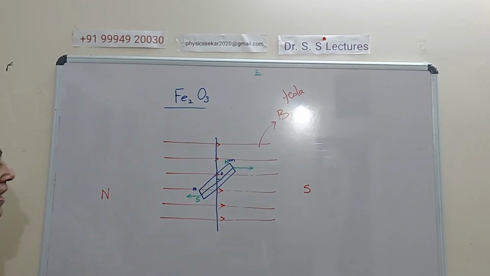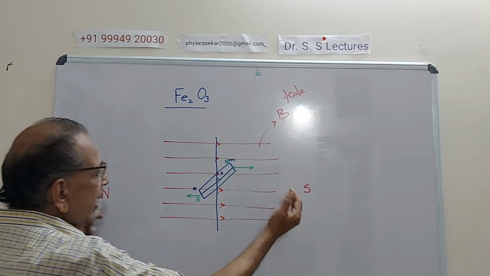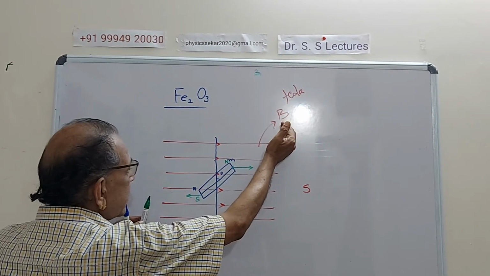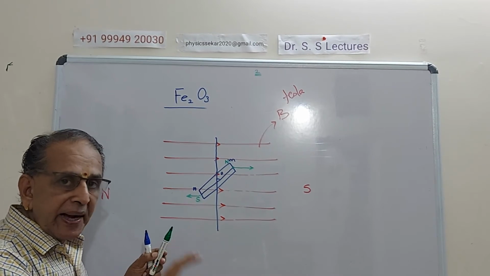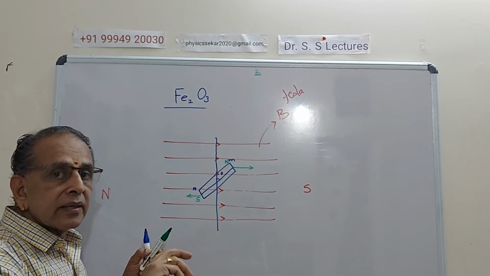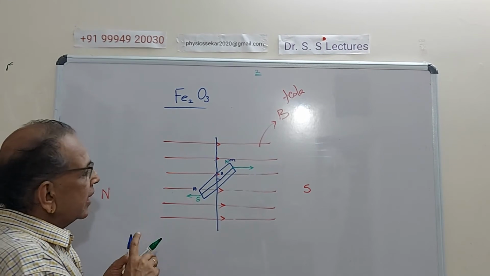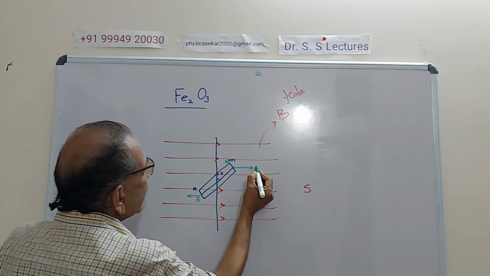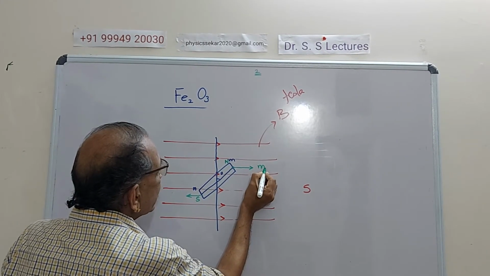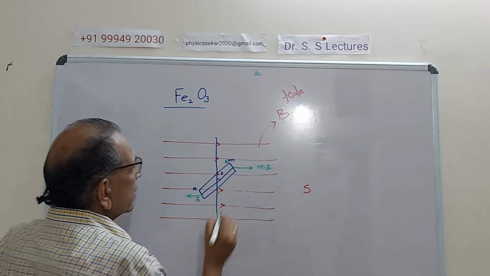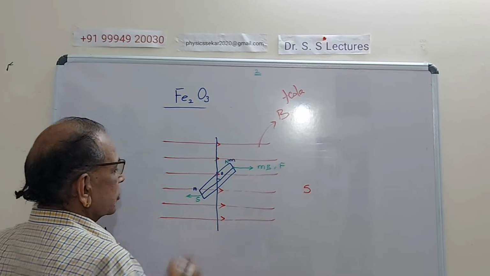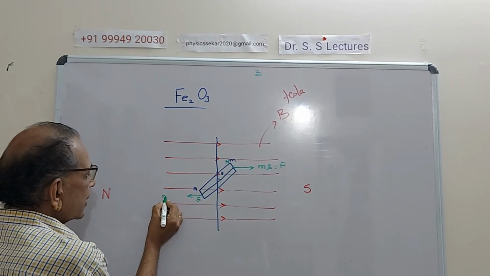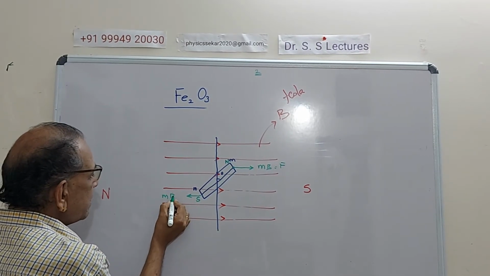So, we find that this field, the magnetic field B, is inducing a moment. What is moment? A turning effect. That means we find that there is a force MB. This is a force. This MB is the force. Here also the same strength MB.